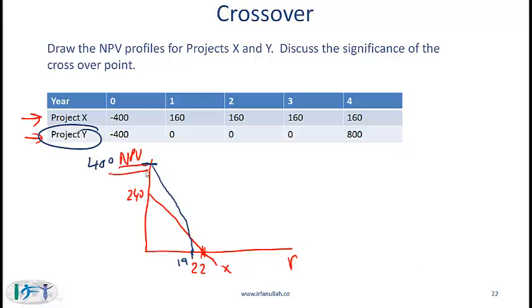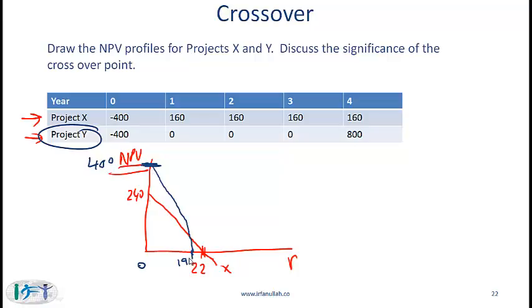Here is what you should come up with. The y-axis intercept is clearly 400, because if you look at the undiscounted cash flows, investment of 400 and then 800 at the end of year 4, if the discount rate is 0, then you have a NPV of 400. And very simplistically, if you calculate the IRR for project Y, you will get approximately 19%, and you just connect these two dots.